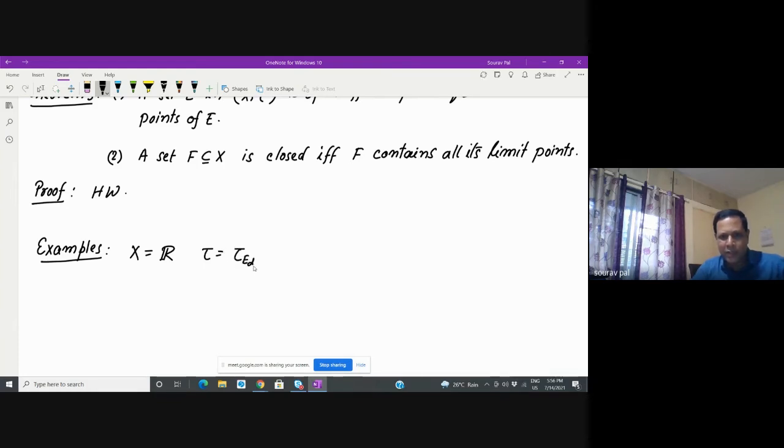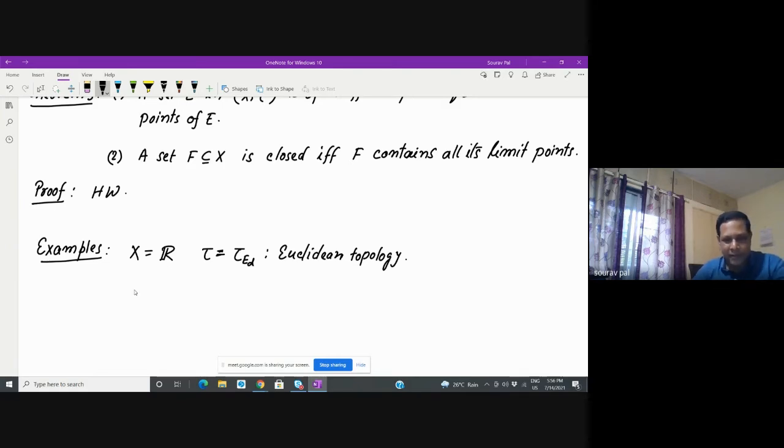This ED means Euclidean topology. We all are familiar with this topology, right? The open intervals are open sets there, and the union of open intervals, you know that.